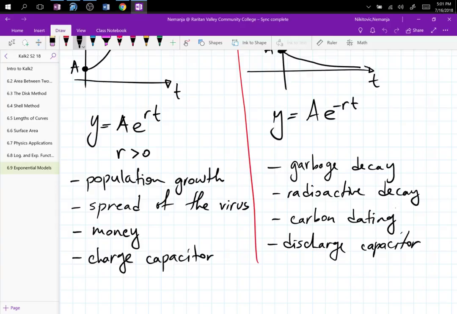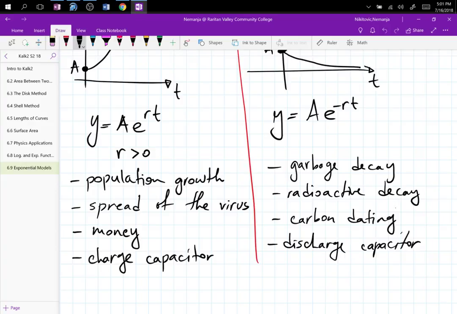On the other side, garbage decay and radioactive decay are environmental issues. Carbon dating is history and archaeology, to figure out how old something of organic origin is. Discharge of the capacitor goes with the charge, which is electrical engineering.